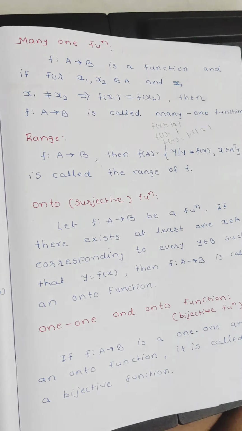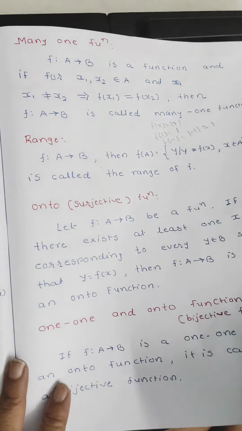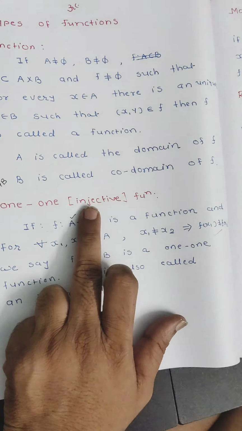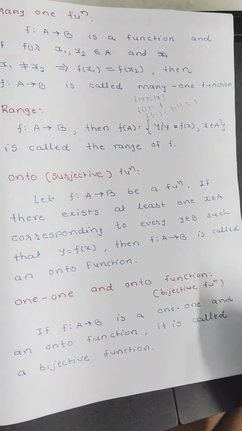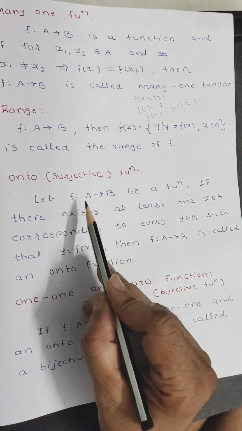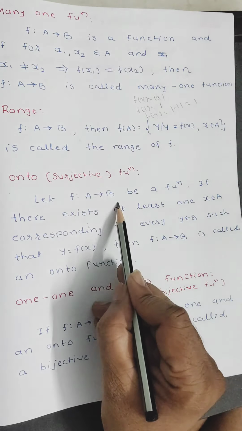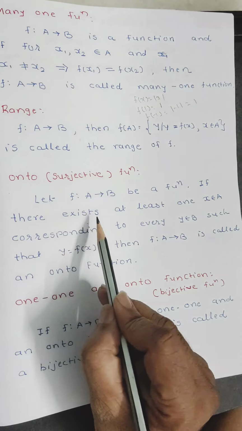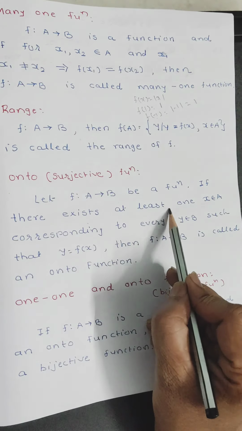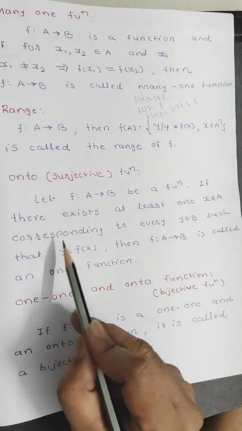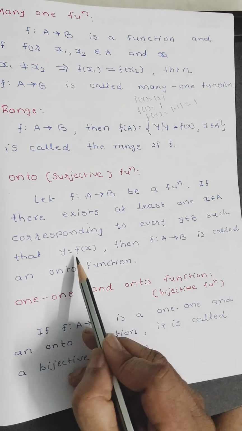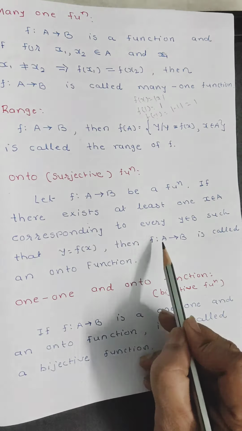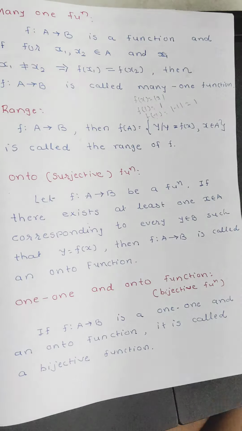Okay. 1-1 function is also known as injective, and onto is known as surjective. What is onto? If function f is A to B and there exists at least one x belongs to A corresponding to every y belongs to B, such that y is equal to f(x), then f: A to B is called an onto function.